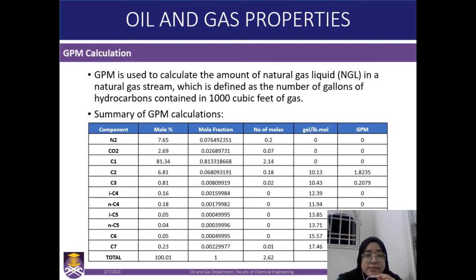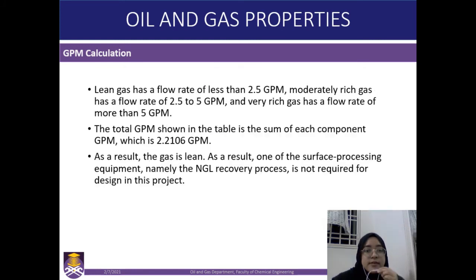So this table shows the summary of GPM calculations, and the total value for GPM is 2.2106. This shows that the gas is lean gas because lean gas has a flow rate of less than 2.5 GPM.